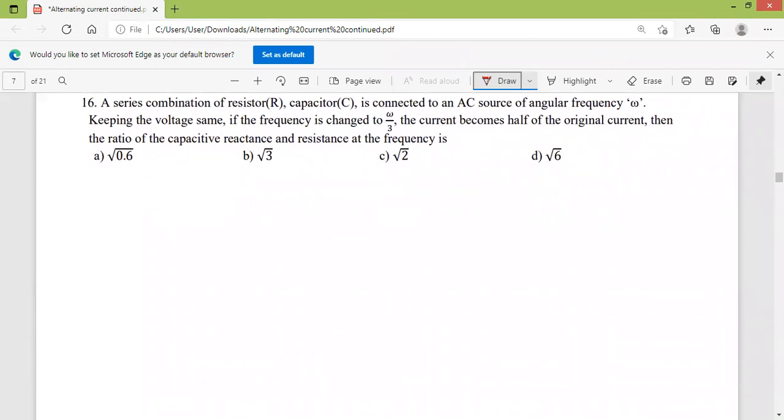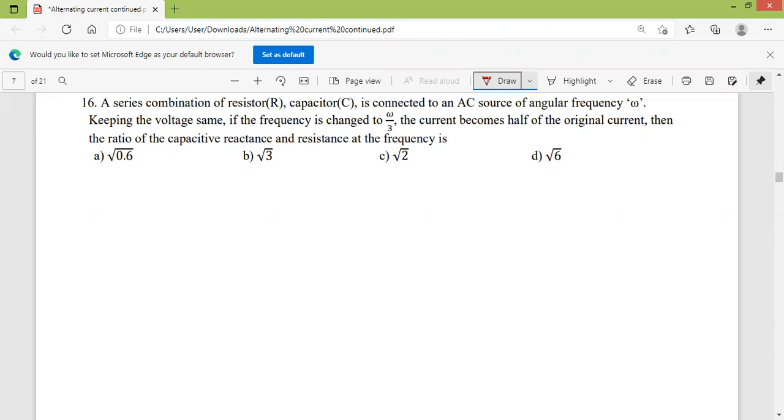Next, 16th one. A series combination of resistor and capacitor is connected to an AC source of angular frequency omega. Keeping the voltage the same, if the frequency is changed from omega to omega by 3, the current becomes half of the original current.